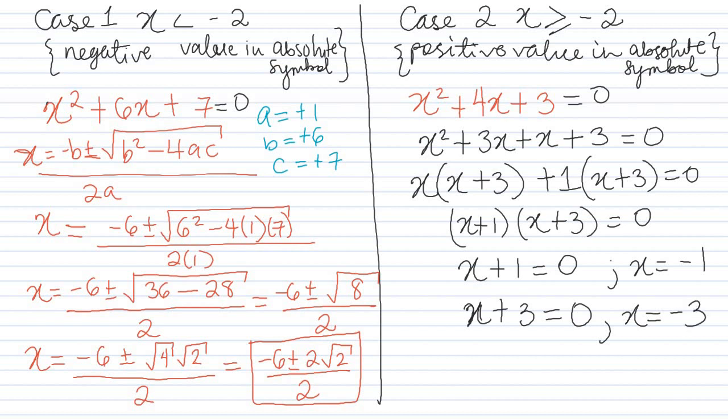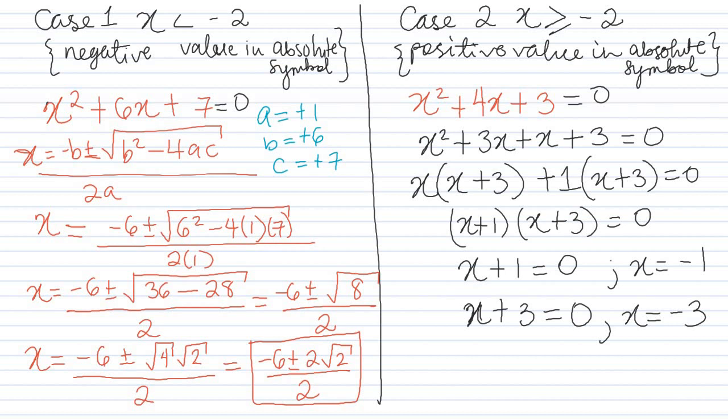Now guess what? On the case 2 basis, we have the positive value in the absolute symbol. We have a situation where case 2 we want x to be greater than or equal to -2. Well, -3 is less than -2, so that's not good.